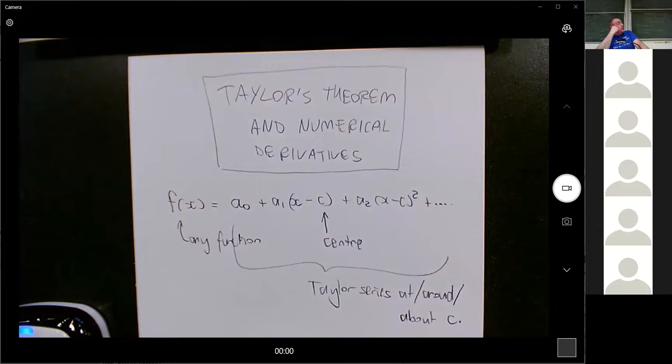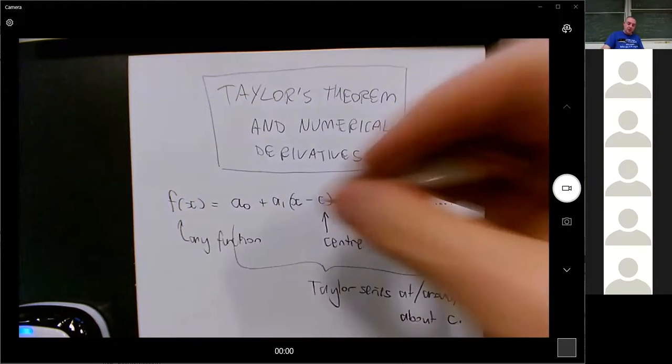And when you did that, they told you that there is a formula to figure out what these coefficients are.